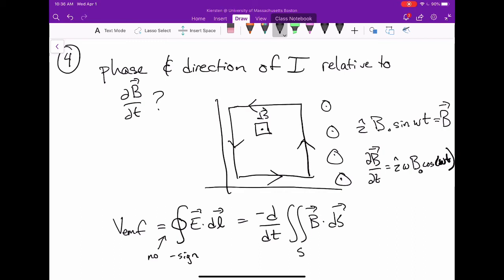And that's S, and that's on the contour of S, the boundary of S.